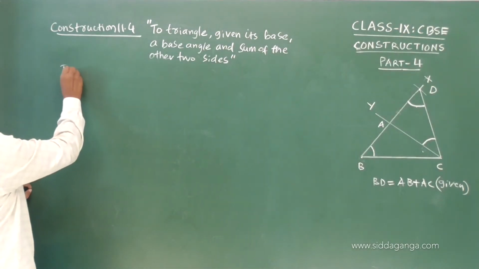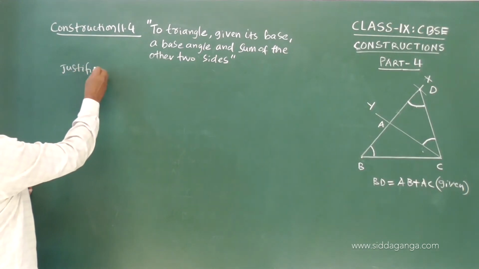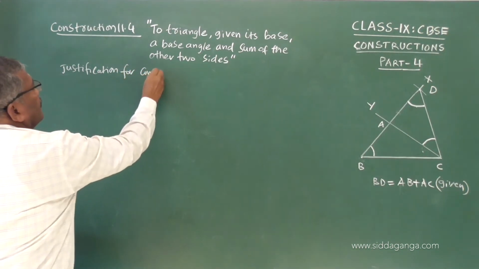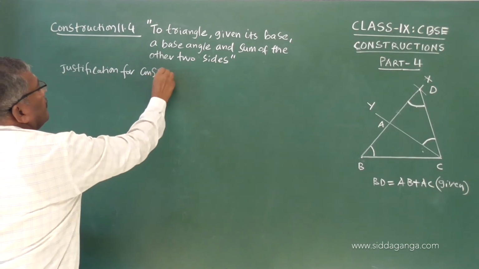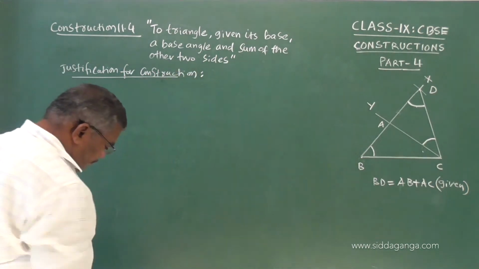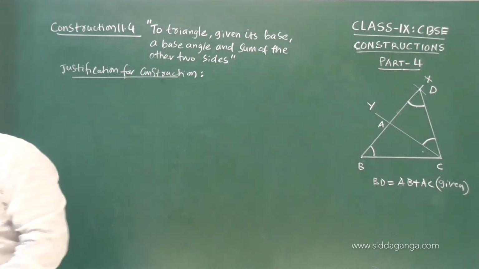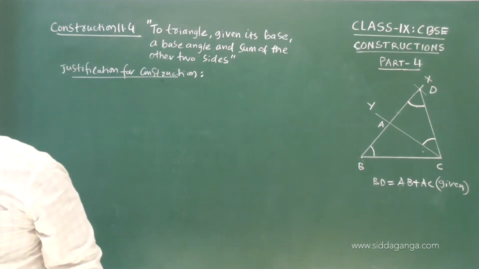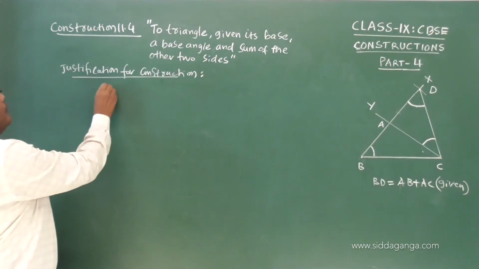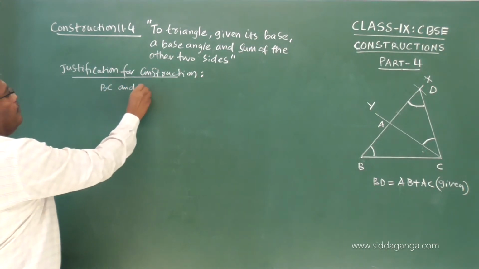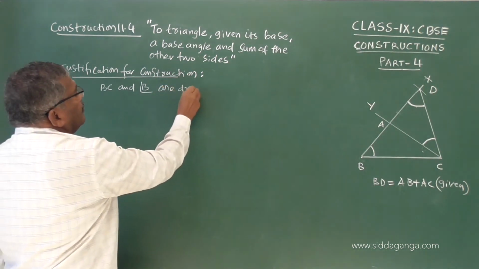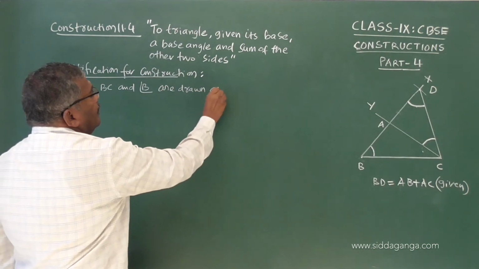So now, as you know, BC and angle B are drawn as given.